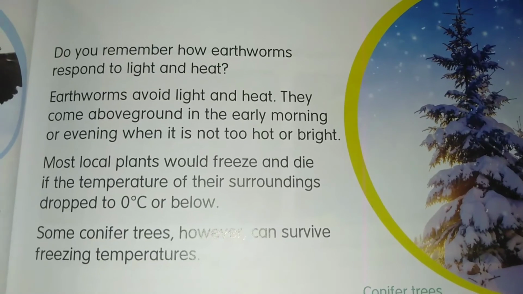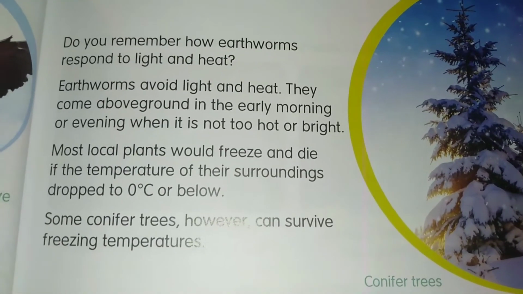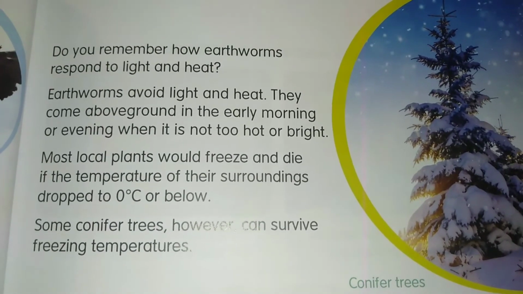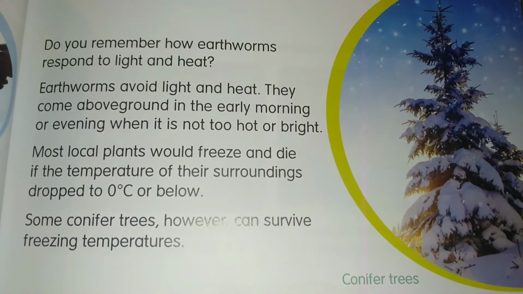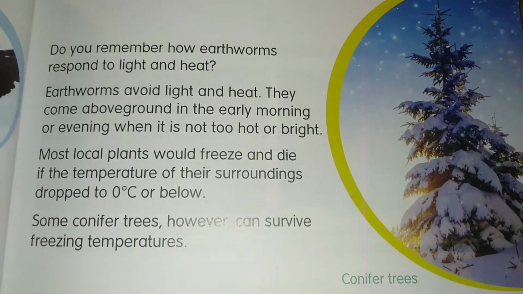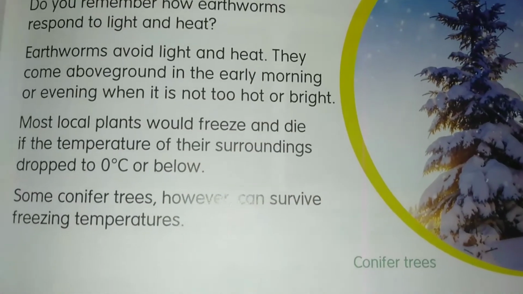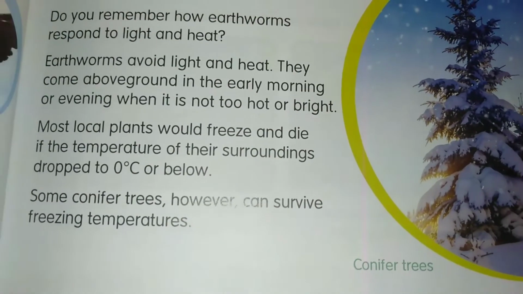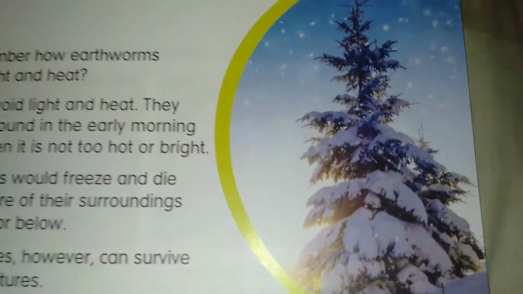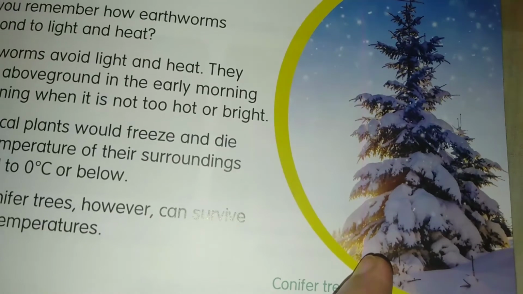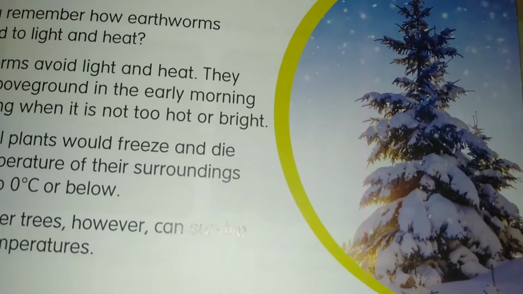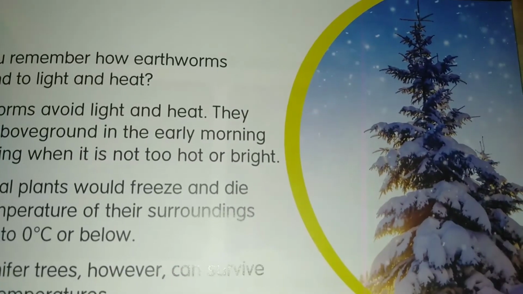Most local plants would freeze and die if the temperature of their surroundings dropped to 0 degrees C or below. Some conifer trees, however, can survive freezing temperatures just like this. You can see the pine trees. They will survive in the very cold place in the snow.